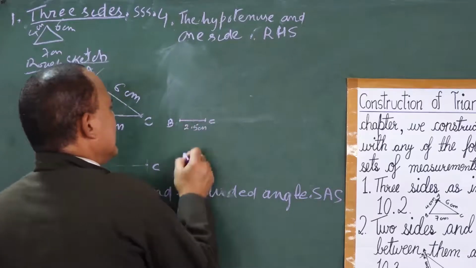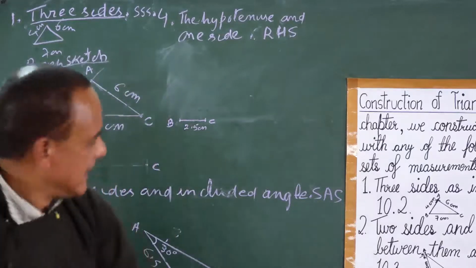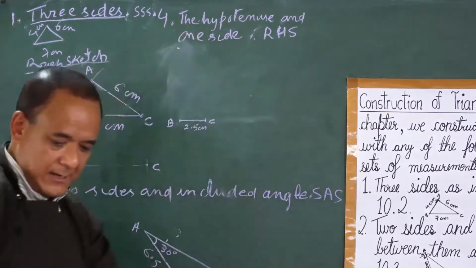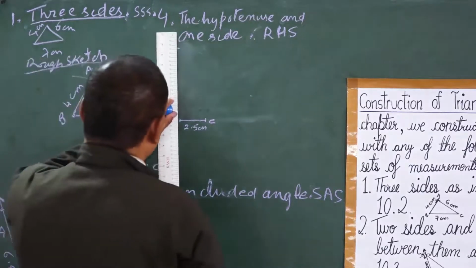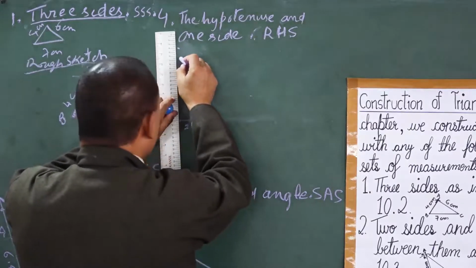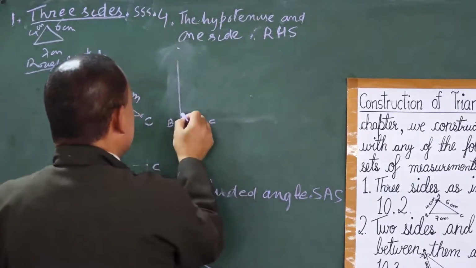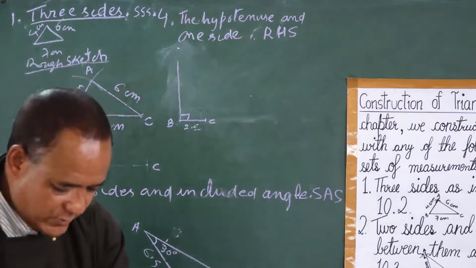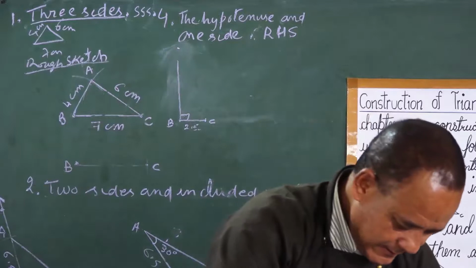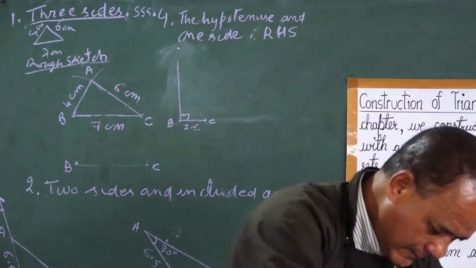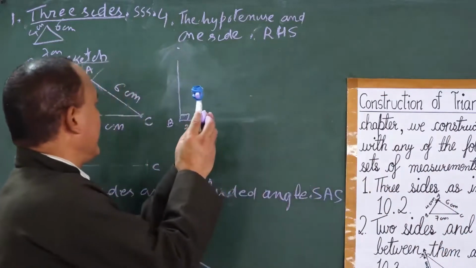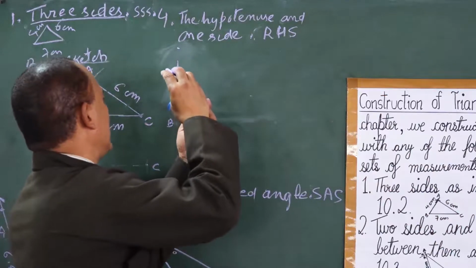Now, you want to make a 90 degree on top of that. So you write a point here and then join this point to this. This is 90 degree. Once you make this one, you take 3 centimeter length, place this on C and draw an arc.